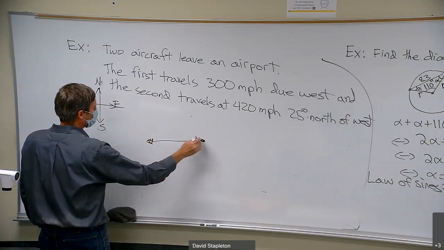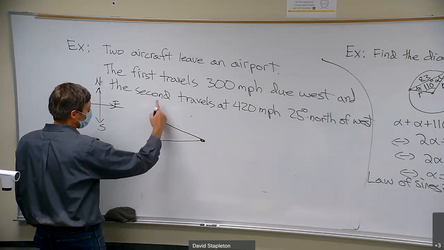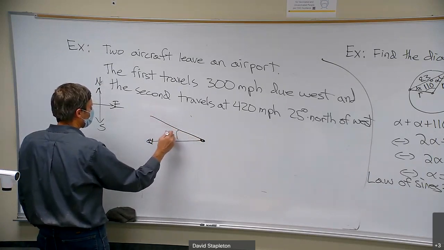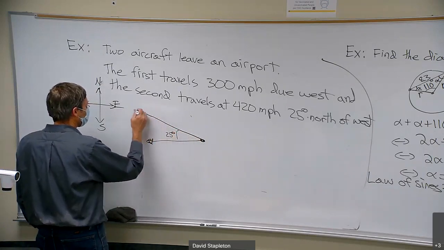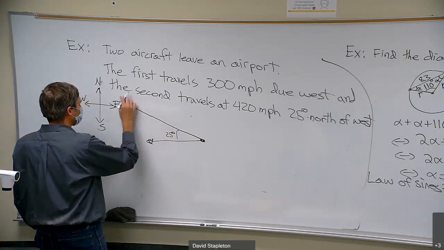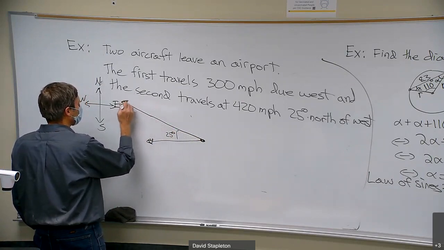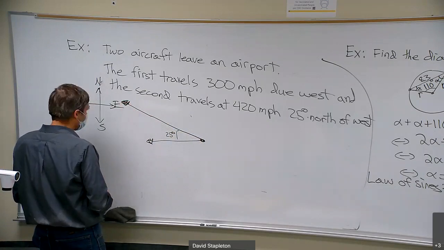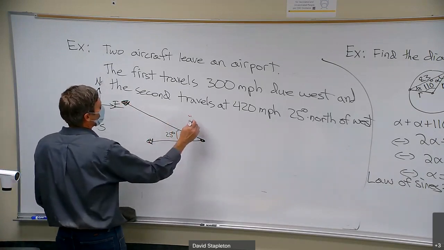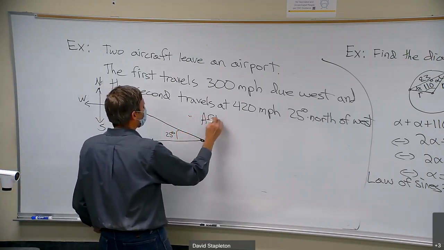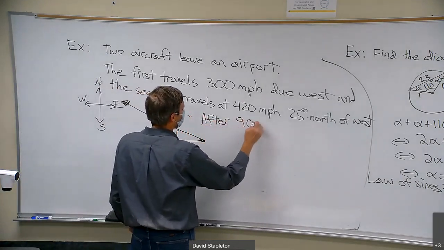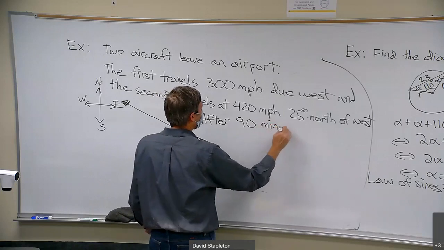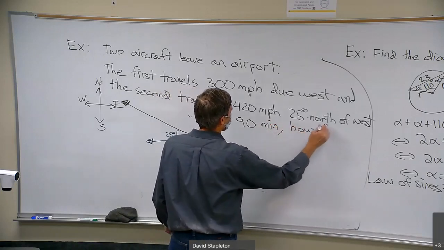And then the other one travels at 25 degrees north of west at a faster speed, so it's out here somewhere. And the question then is, after 90 minutes, how far apart are they?